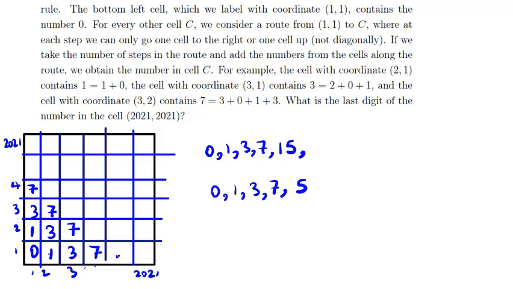We found it is 5. The next one has 5 steps plus the sum of all of them: 5 plus 5 is 10, 10 plus 7 is 17, 17 plus 3 is 20, and 21. It is 1. And if you check, the next ones will be 3, 7, 5.